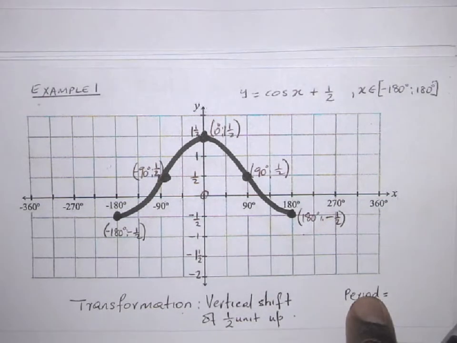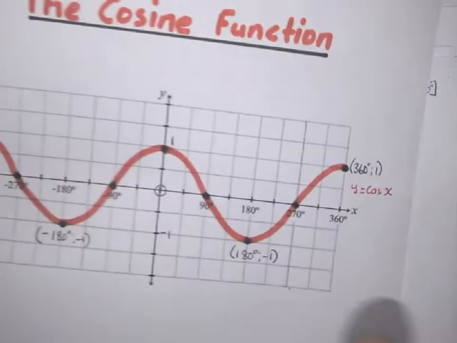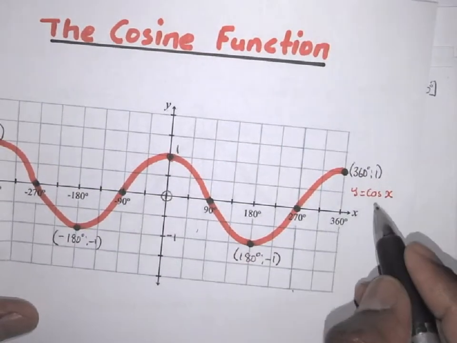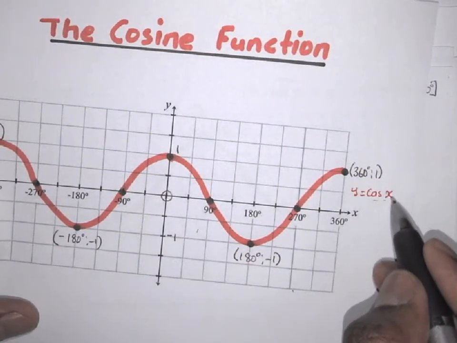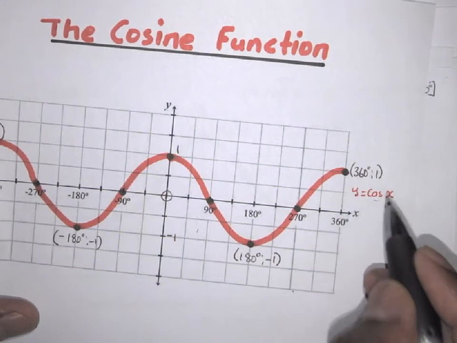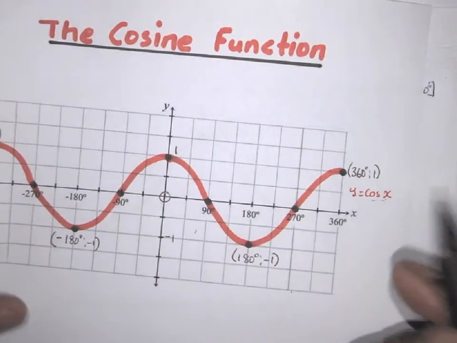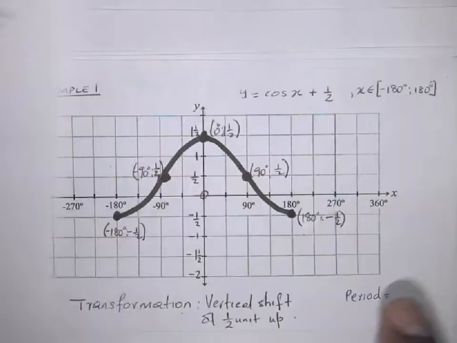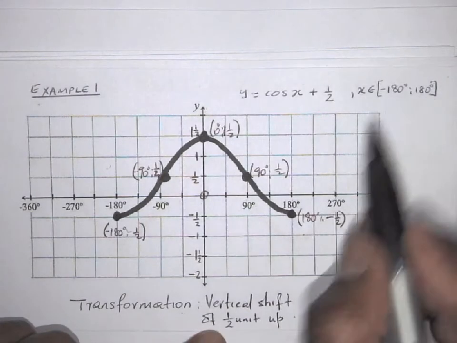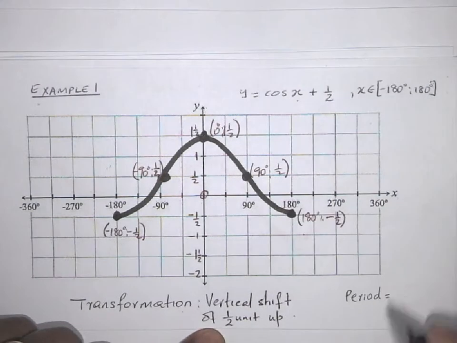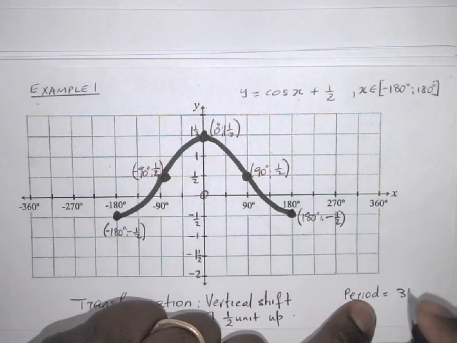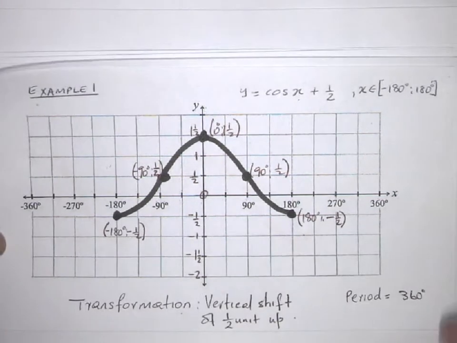Because the original graph has y is cos x, the x is not affected, and the period of this graph is always 360. So since the x was not affected, the period stays as 360 degrees. Let's look at the next example.